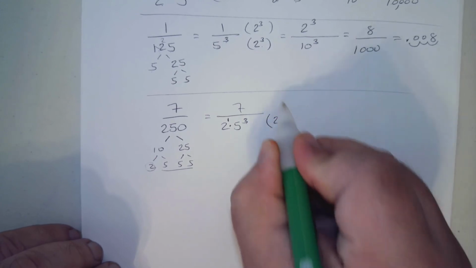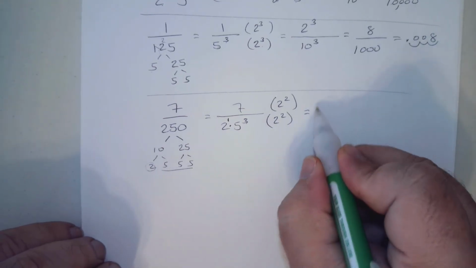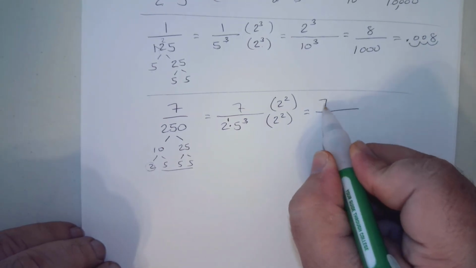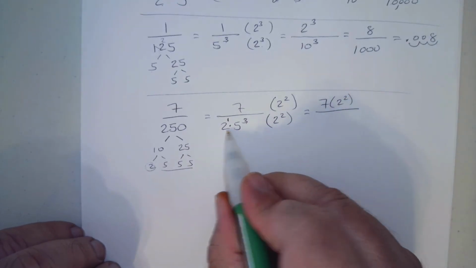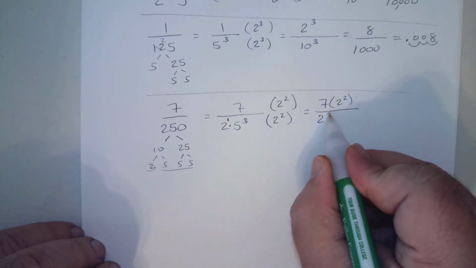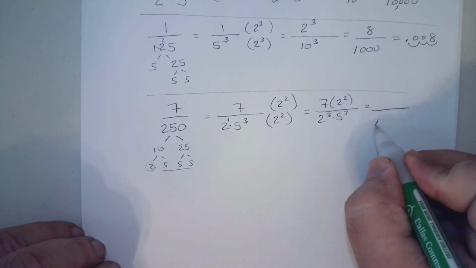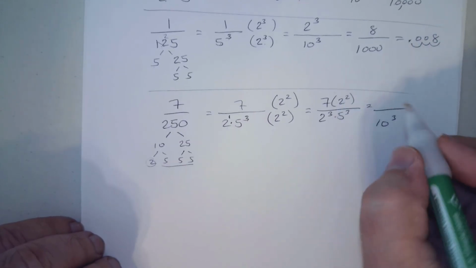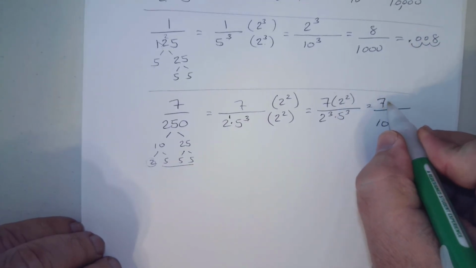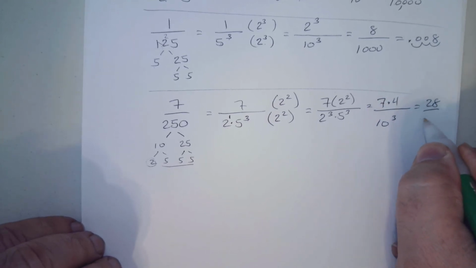So we need 2 more 2's. So we have 7 times 2 squared. 2 to the third times 5 to the third is 10 to the third. 2 squared is 4. 7 times 4 is 28.